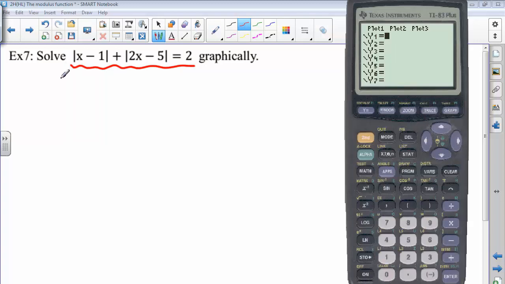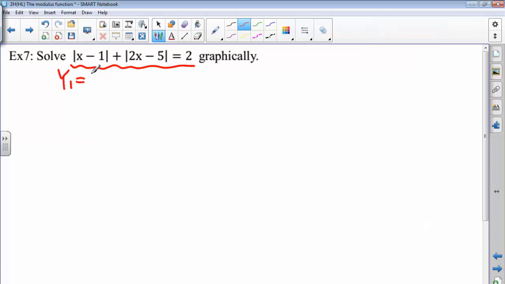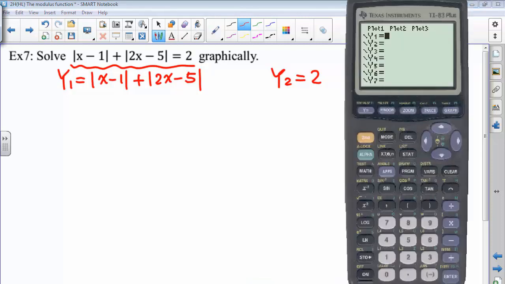So I will let y1 be the left side function and y2 be the right side function. Right now, I want to put both of these two functions into the graphing calculator. How can we put the absolute value of x minus 1 into the graphing calculator? Here, there is a function key.